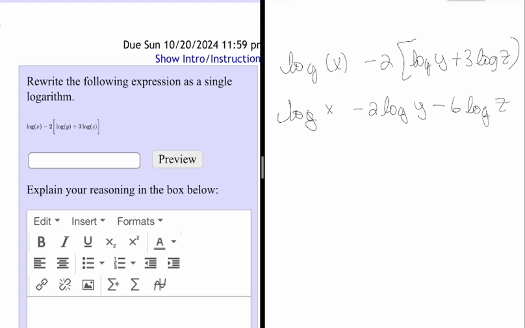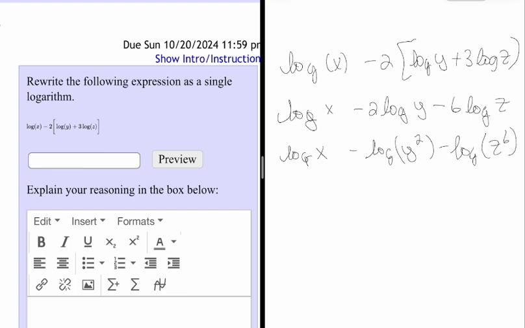Now, the numerical components sitting in front, don't worry about the negatives, but the 2 and the 6, let's put them inside and make them powers. So that would be the log of y squared minus the log of z to the 6th.